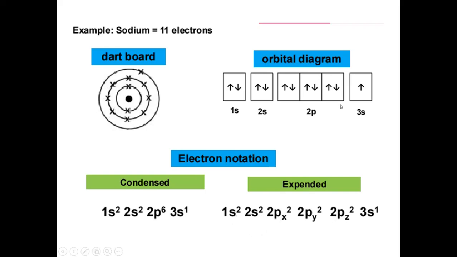But for p orbital, dia ada subshell x, y and z. So, you can put 2p subscript x, 2p subscript y, 2p subscript z. And here is 3s. Macam tu.